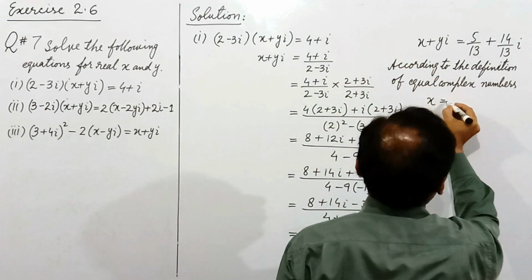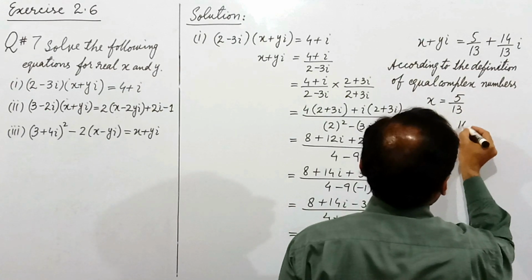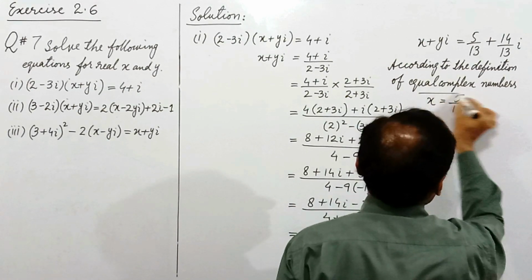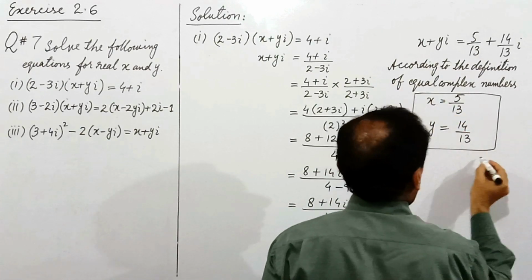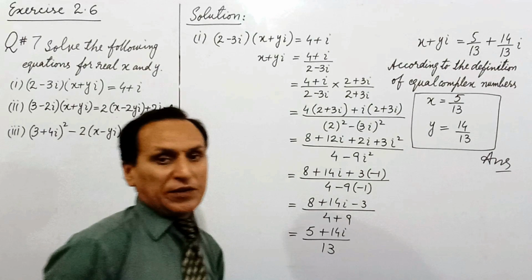So x will be equal to 5 over 13 and y will be equal to 14 over 13, and that is the required solution for part 1 of question number 7.